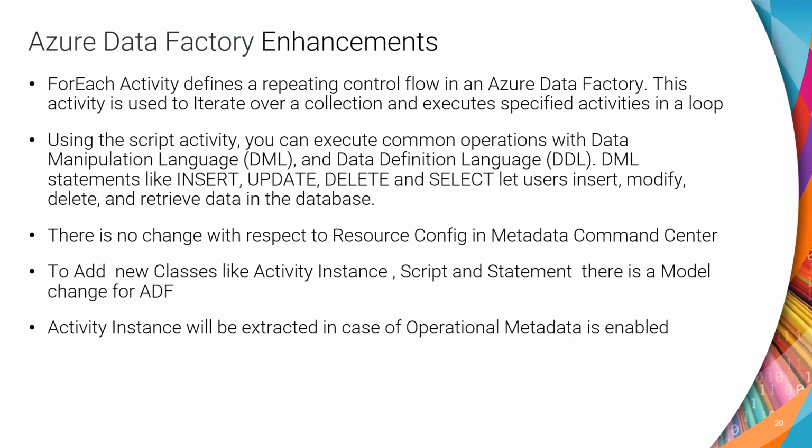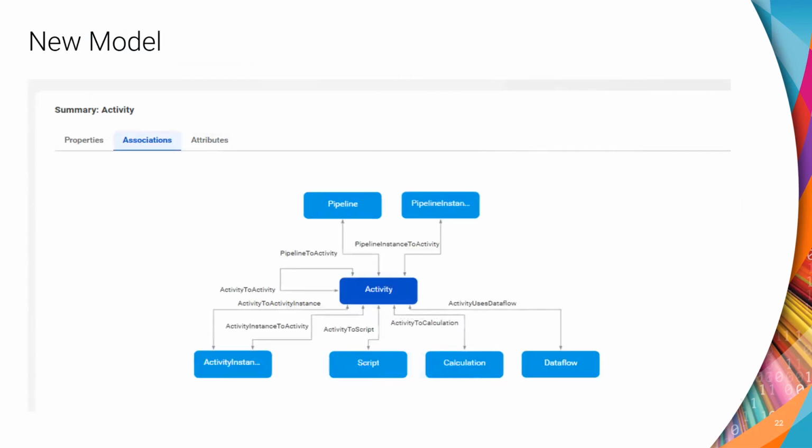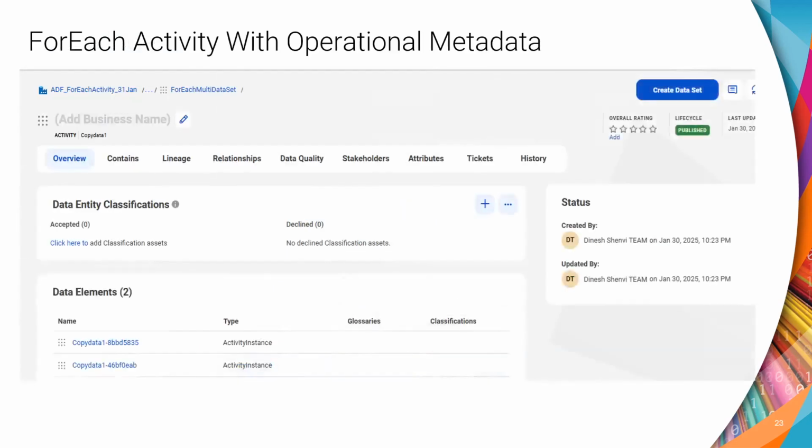From February release, a new asset type called activity instance, script and statement is introduced. Activity instance will be extracted in case operation metadata is enabled. The old model doesn't have an activity instance, script and statement. Now we have introduced them.